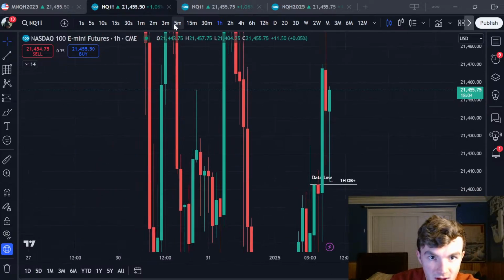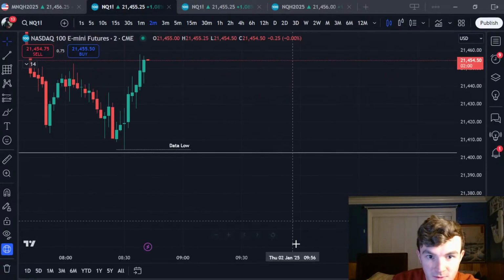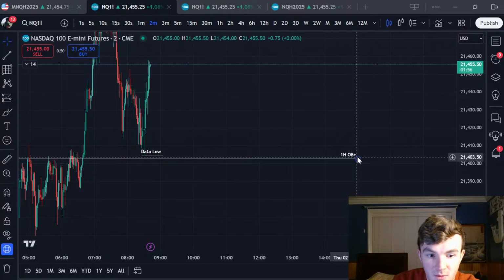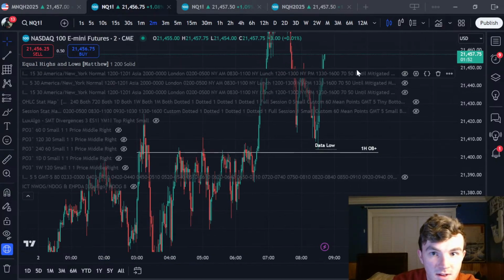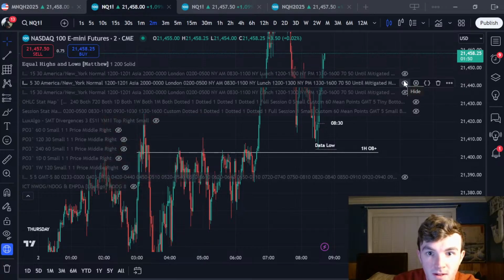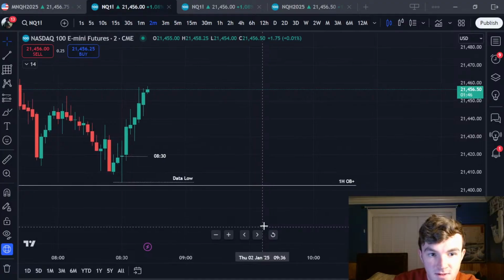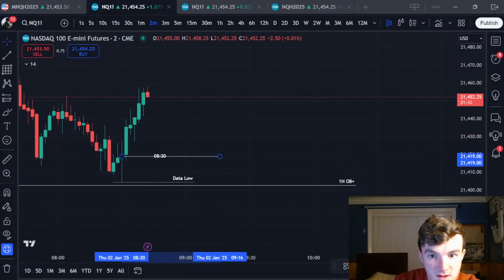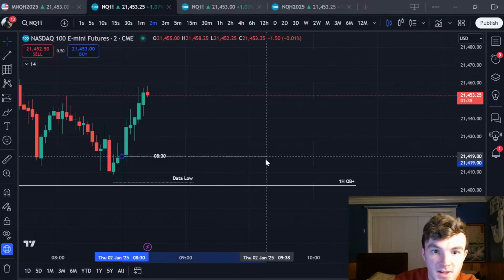So this data low will probably be a turtle soup, because we have this 1 hour order block that's just chilling right below. And what else do we have right there? This is also below the 8:30 open. So I'll probably take the one setup for life on one account if we get it.